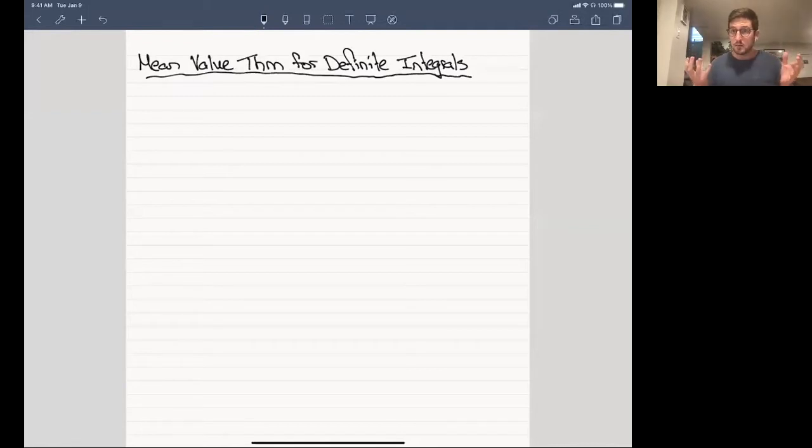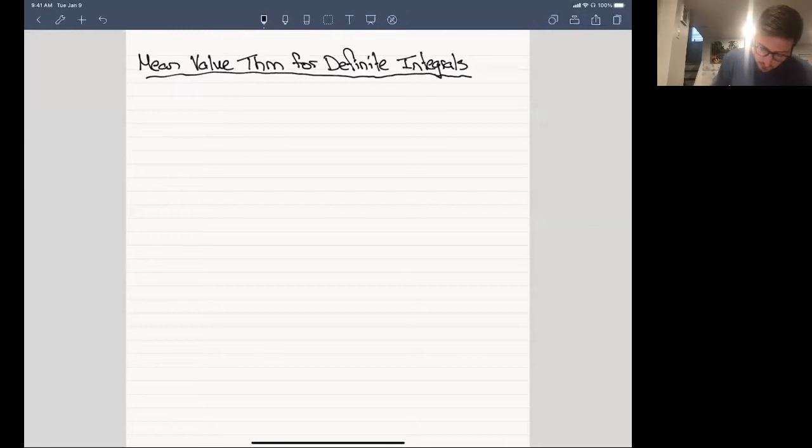And that means that if we have this perspective of the mean value theorem from derivatives, we also have this perspective of the mean value theorem from integrals. So that's where we're going to start today. We're going to pose the mean value theorem in terms of integrals.